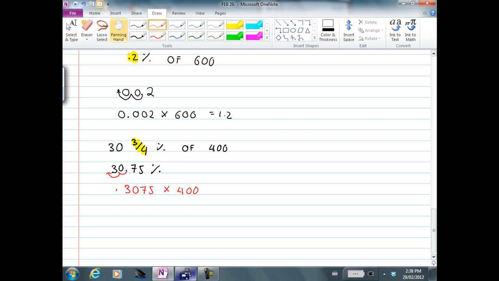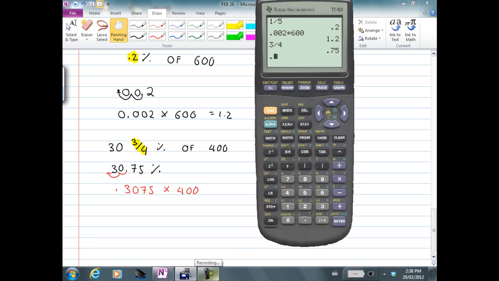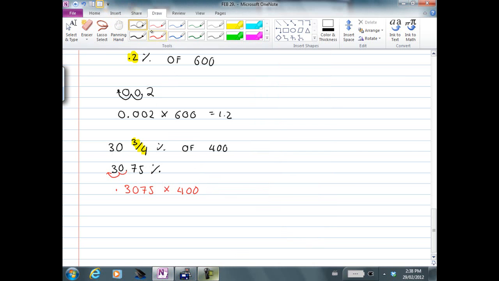Yep. 3/4 is 0.75, so I rewrite this as 30.75, and then I move it to the left. When I move to the left, that's when the percent sign disappears. So guys and gals, the rest, just punch in 0.3075 times 400. Ta-da! Is it hard? No, not really.